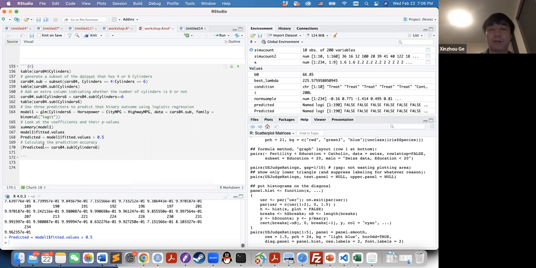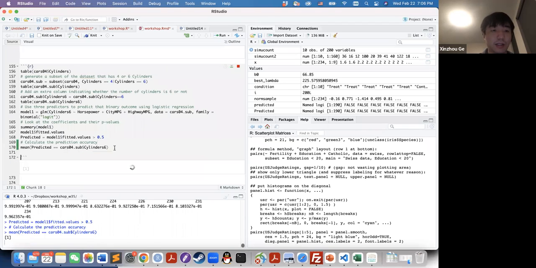If it's the same, it means that the predicted value is the same as the actual value. Then we calculate the mean of this to get the accuracy. So it will be 95%. We have a correct prediction for 95% of the cars, which is quite high.